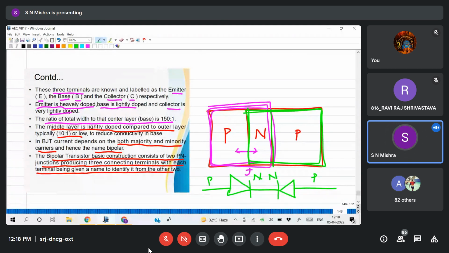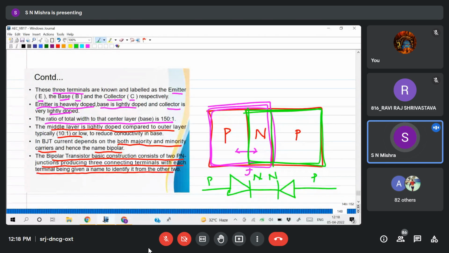I'm not saying that if I connect two diodes, then it will act as a transistor. Conceptually, two diodes can be connected back to back. My point is that if you understand diode operation clearly, then you can easily understand transistor operation. So what are the points we have considered till now? Transistor is a three-terminal device: emitter, base, collector.